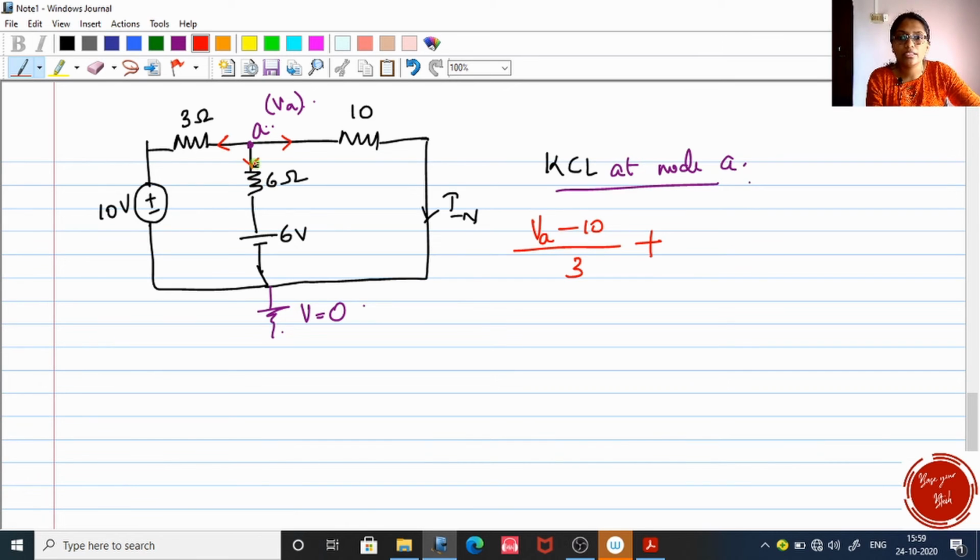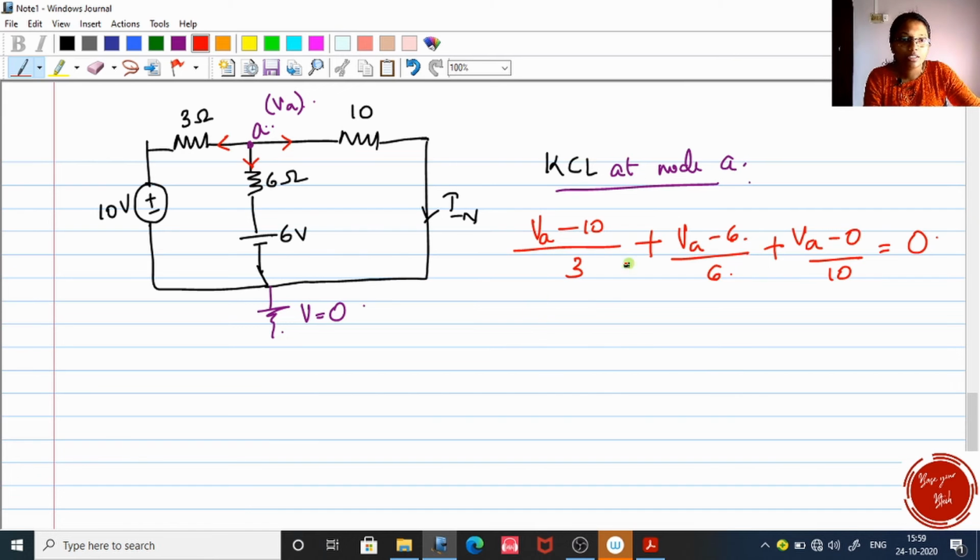Current is flowing from the upper side to the lower side, so it is (VA minus 6) divided by 6. Plus finally the third current is VA minus the potential at the right side of the 10 ohm resistor, which is 0. So (VA minus 0) by 10 is equal to 0.